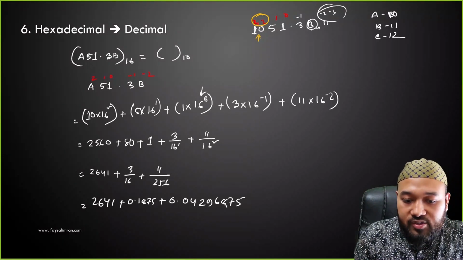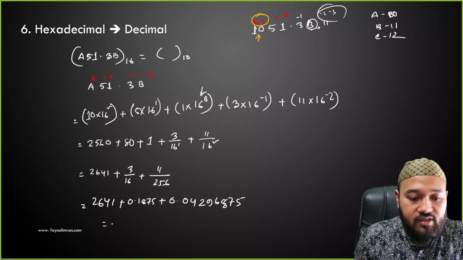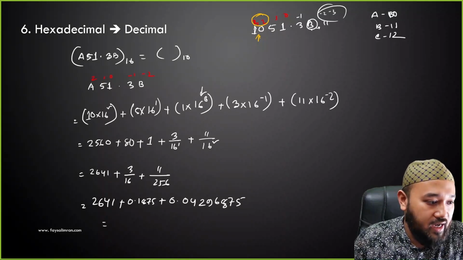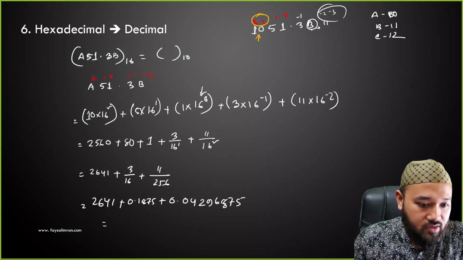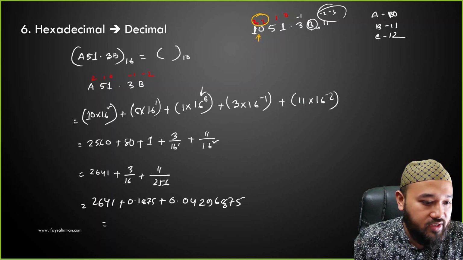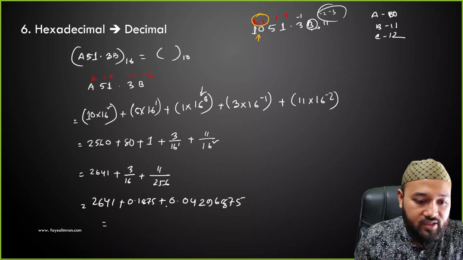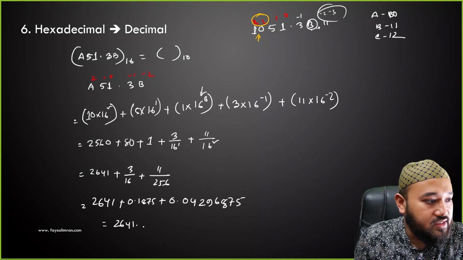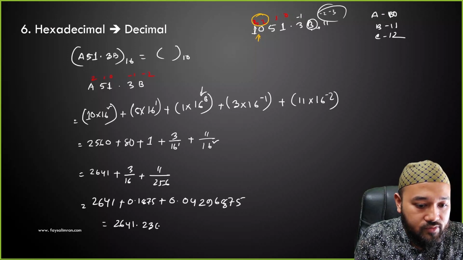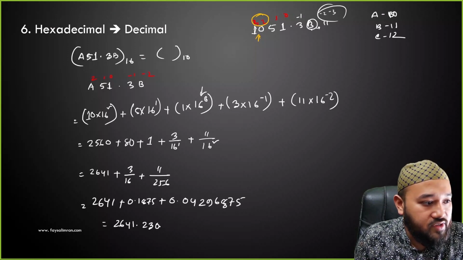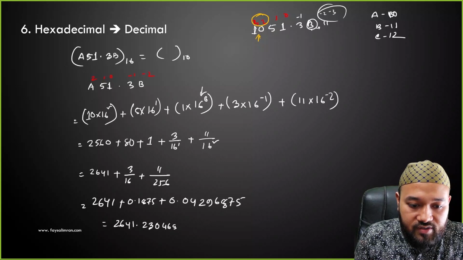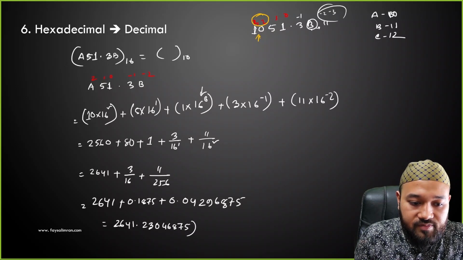Okay, we need to write all of the digits, then we have to add all of them: 0.04296875 plus 0.1875 plus 2641. So the result is 2641.23046875.